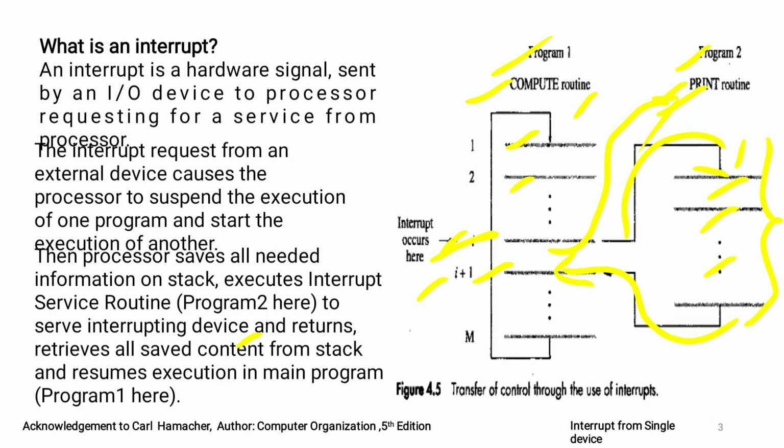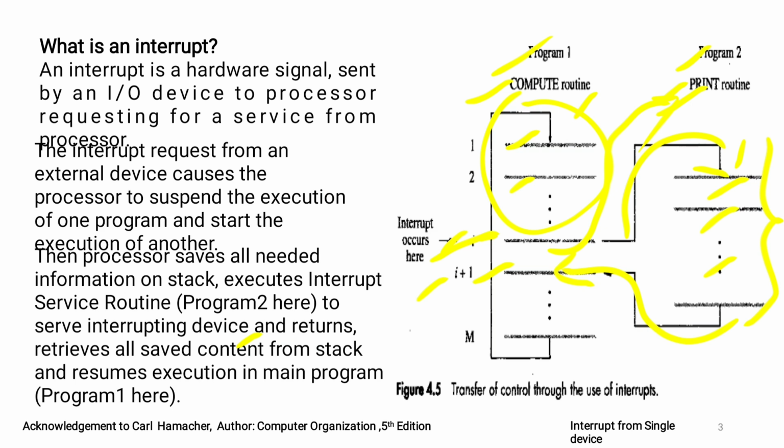This address is stored on the stack, and then the program status register. The status of computation, at what stage the computation was, is saved by condition code flags in the program status register, one of the special registers in a processor. Those condition code flags or bits in the status register indicate the status of computation.